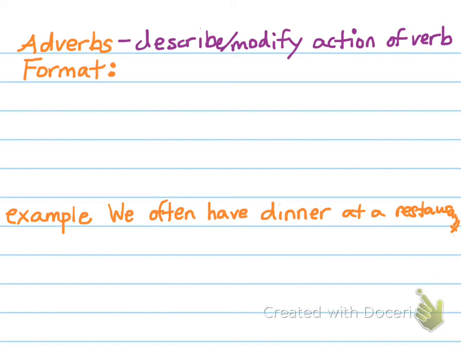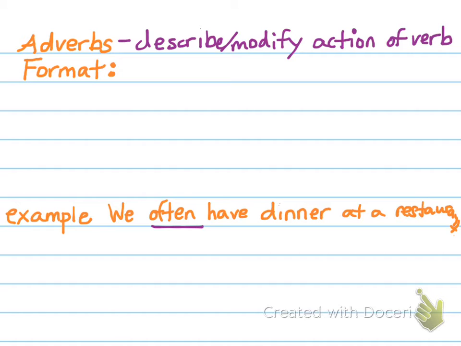Slowly is an adverb. It's describing how you walk. Now, in English, oftentimes our adverbs come before our verbs. For example, we often have dinner at a restaurant. Often is an adverb, and notice it comes before the verb in the sentence. However, in French, it is not that way.